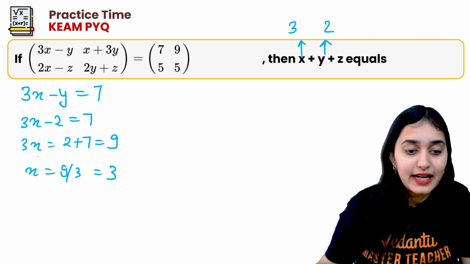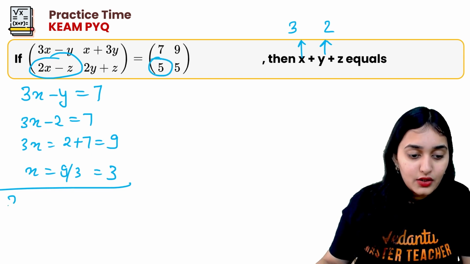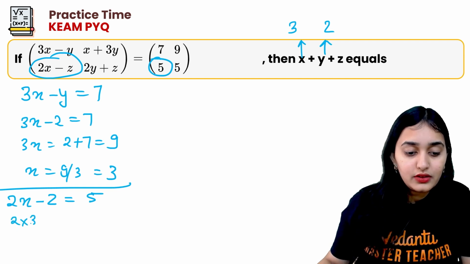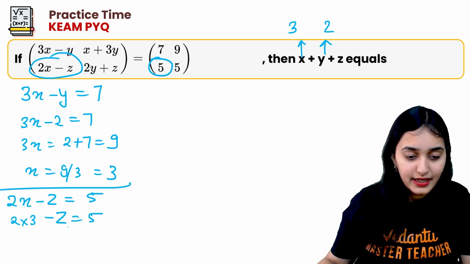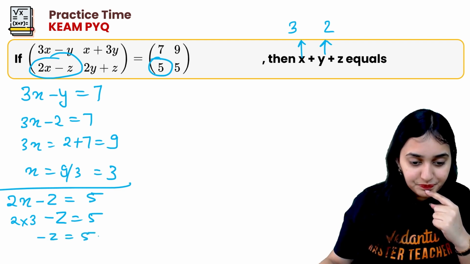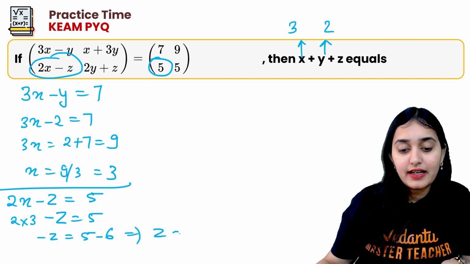Now find out z. 2x minus z is equal to 5. x is 3. So 2 into 3 minus z is equal to 5. 2 times 3 is 6, minus z is 5, so minus z is 5 minus 6, minus 1. So this implies that z is equal to 1.